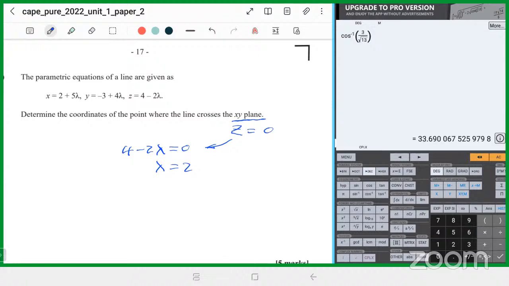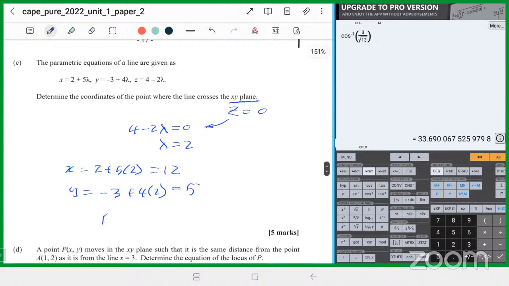Once lambda equals 2, you can take this 2 and plug it in here to get the x, and plug it in here to get the y at the point. So the x value at that point becomes 2 plus 5 times 2, which is 12. And the y value becomes negative 3 plus 4 times 2. This is 8 minus 3, which is 5.